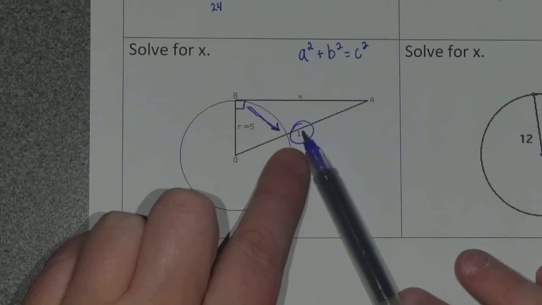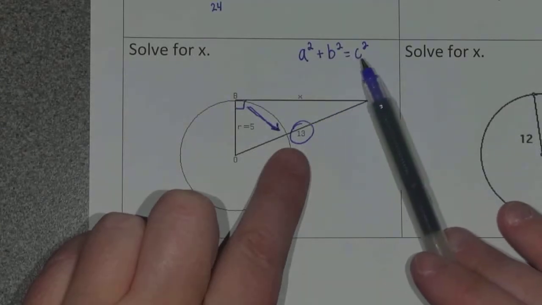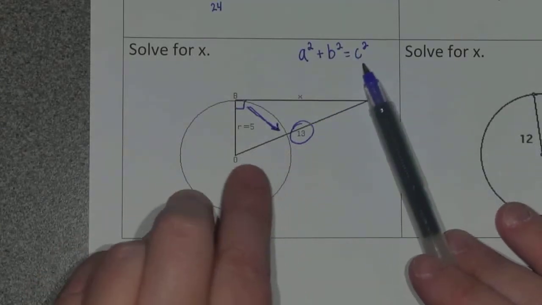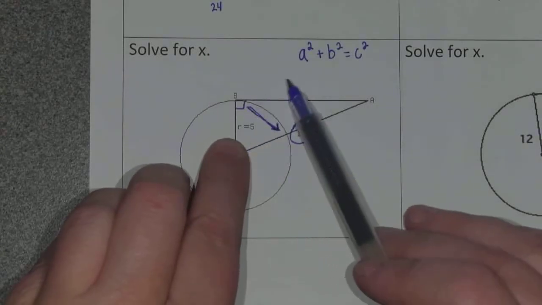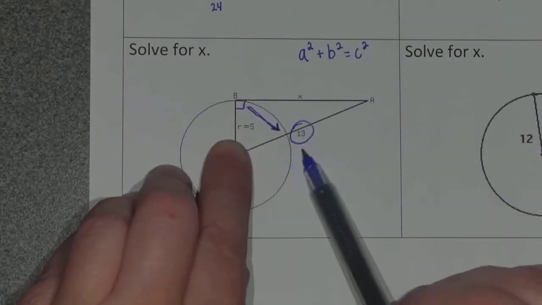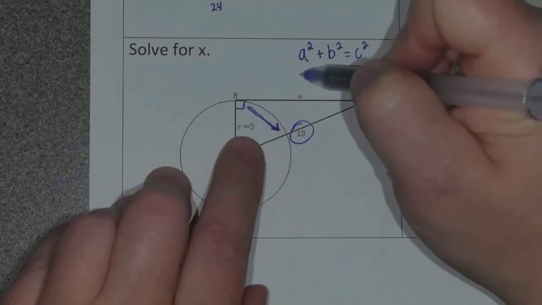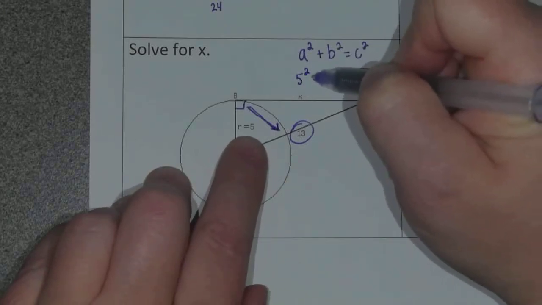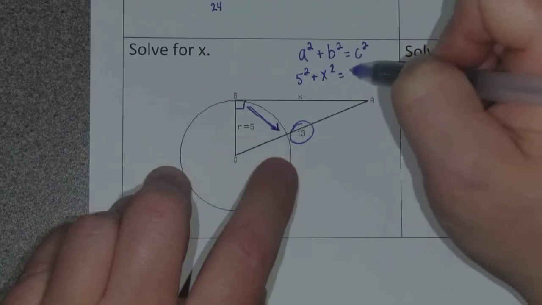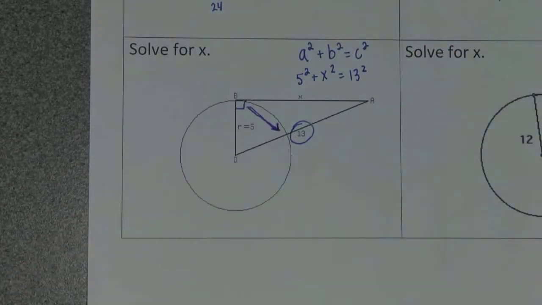And the hypotenuse always has to be which one when we substitute it in? C. So we can do A squared plus B squared equals C squared. The C part always has to be the hypotenuse. So I'm going to go 5 squared plus X squared equals 13 squared. Anybody need to ask me a question on why that's the order we put them in?